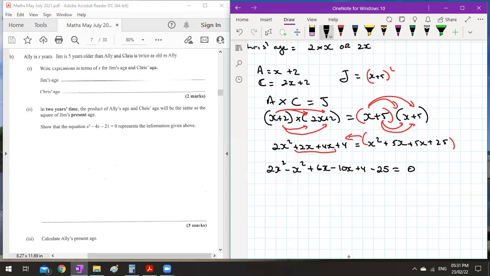Now simplifying 2x squared minus x squared, we know that the coefficient is 1, so 2 minus 1 is 1, or 1x squared. We do not need to put the 1, it is understood. Positive 6x minus 10x: we subtract and keep the sign of the larger number.